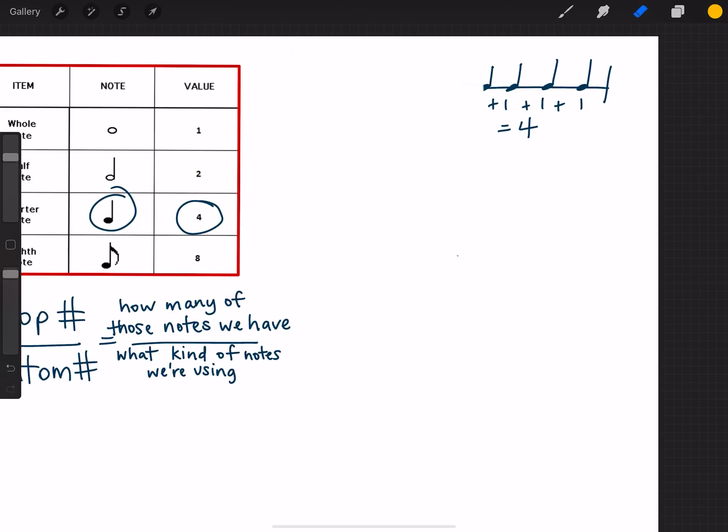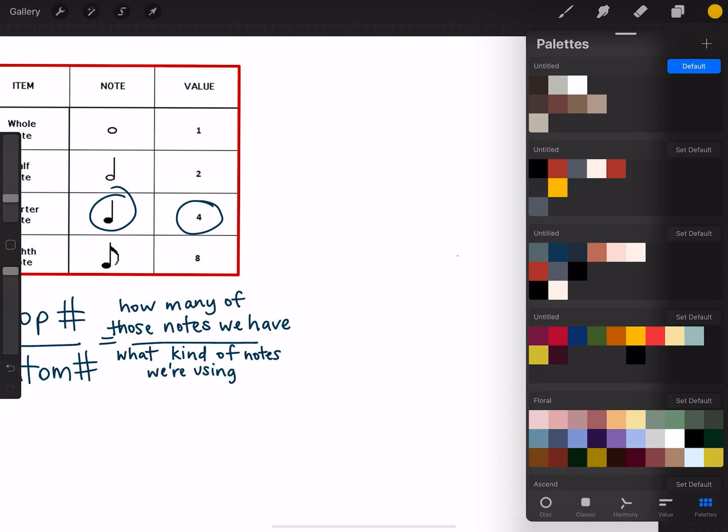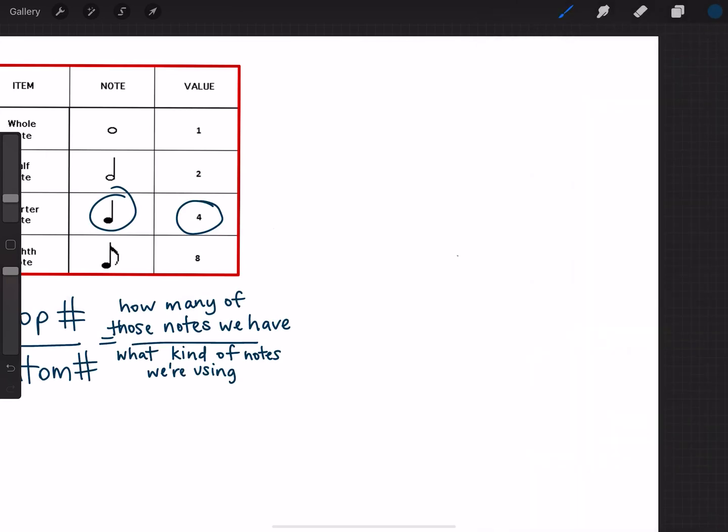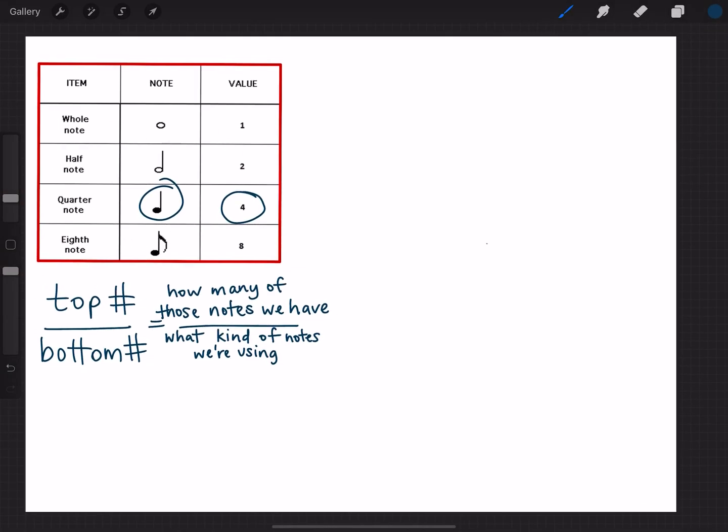Let's say we are in 2, 2. Okay? The first thing that we need to do is look over at our chart on the left and figure out what that bottom number means.